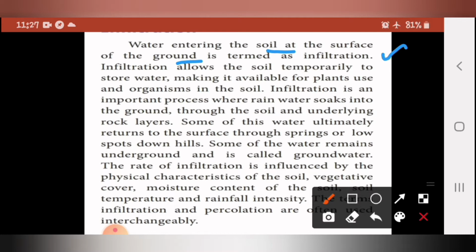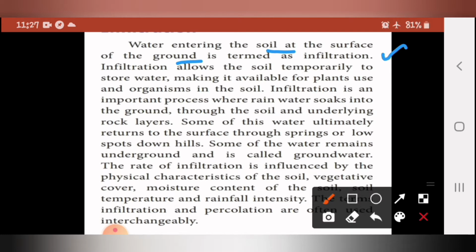Infiltration is an important process where rainwater soaks into the ground through the soil and underlying rock layers. So, infiltration is a very important process where the rainwater is soaking inside the ground.